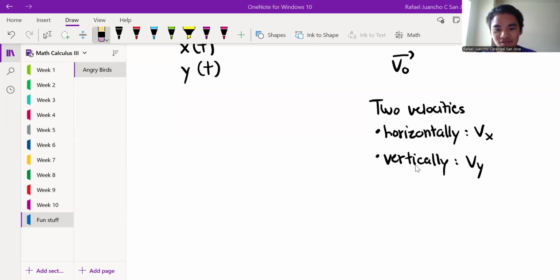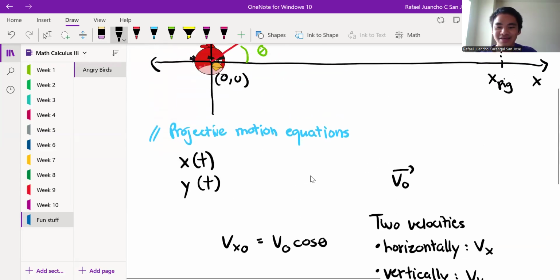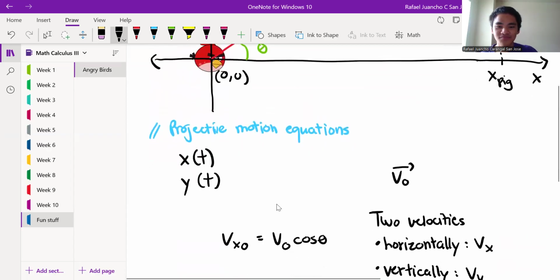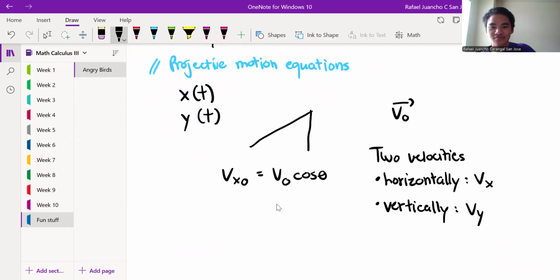So for our horizontal velocity, we can say that Vx initial, the initial velocity at x, is going to be the initial velocity times cosine theta. Now, how in the world did cosine theta get in there? How did we come up with this equation? Well, this is actually trig.